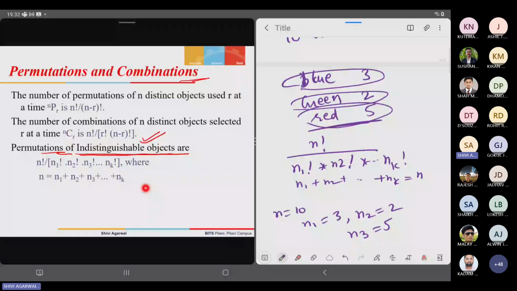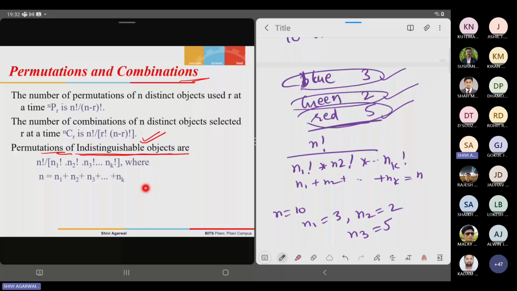If all balls had numbering, each would have individuality. But here 3 balls are blue, 2 balls are green, and 5 balls are red, so they are not distinguishable. Got it? Because there are 5 red balls, anyone can pick.